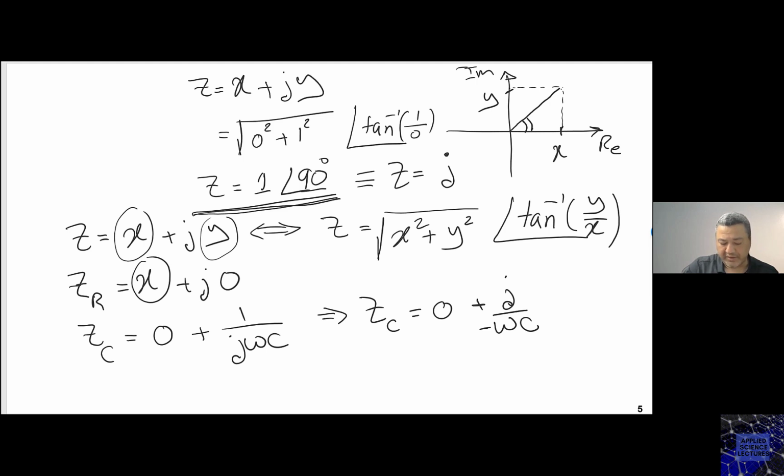You only take the x and the y, only the coefficient of the imaginary number. So this could be negative. It doesn't matter, you're going to square it. You're always going to get a positive magnitude.